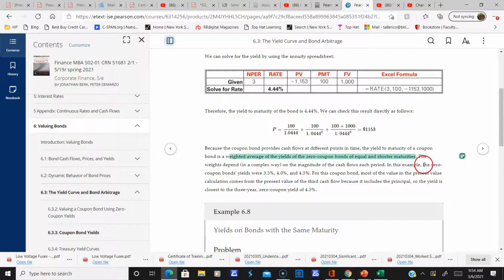In this example, the zero coupon bond yields were, as we saw from previous examples, 3.5, 4, and 4.5. For this coupon bond, most of the value in the present value calculation comes from the present value of the third cash flow, because it includes the principal. You see that right there? So the yield is closest to the 3-year zero coupon yield of 4.5%, because that's providing the most.